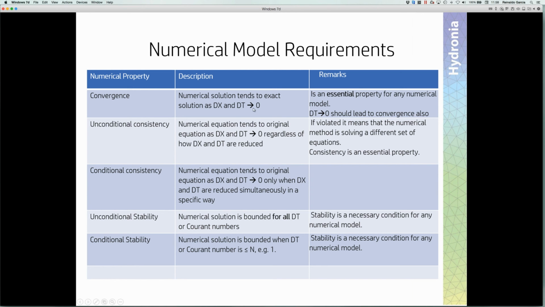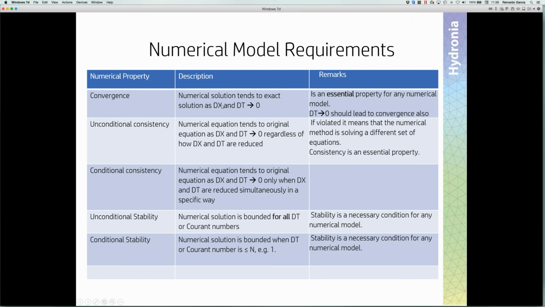So as the mesh and the time step are reduced, the solution needs to converge to a solution, hopefully the exact solution. This is an essential property, obviously, because if you reduce the error by decreasing the time step and you don't converge, then the model is not converging.